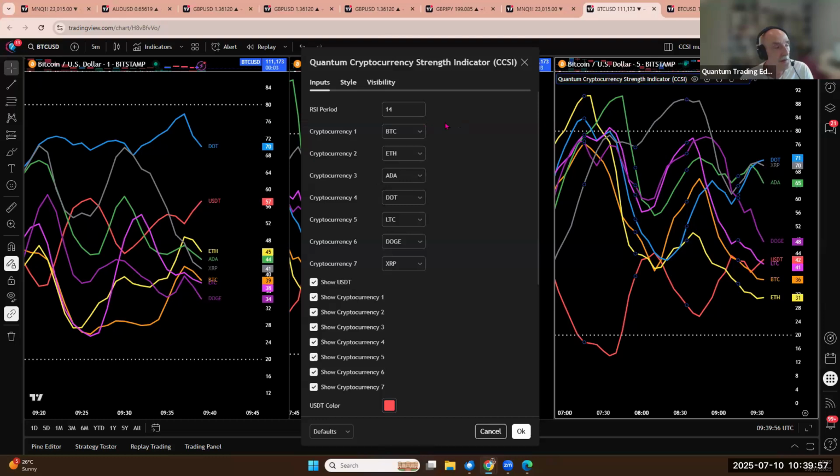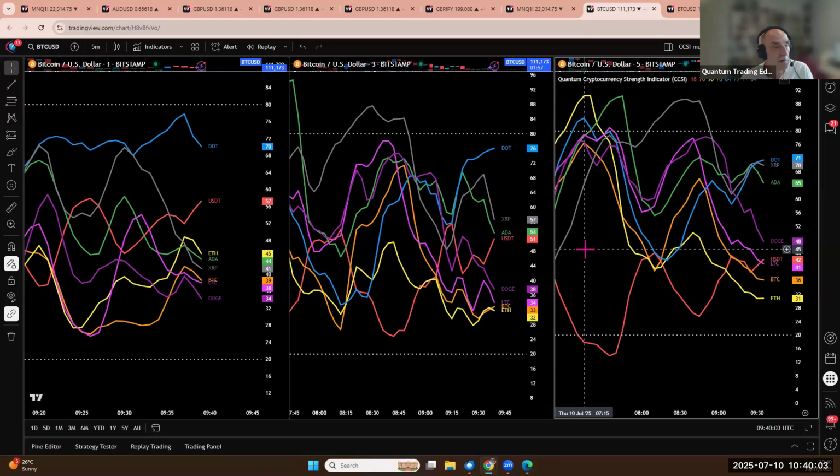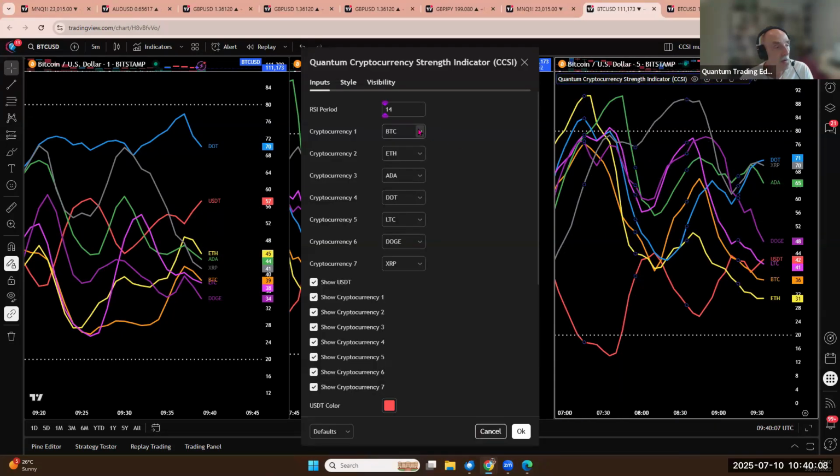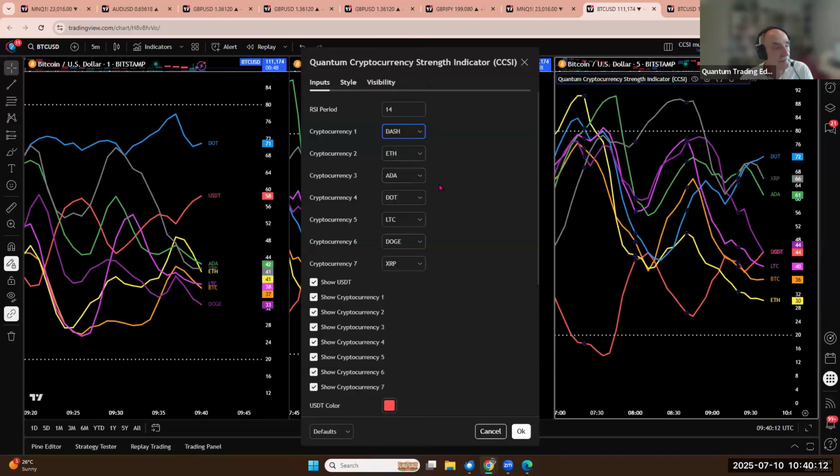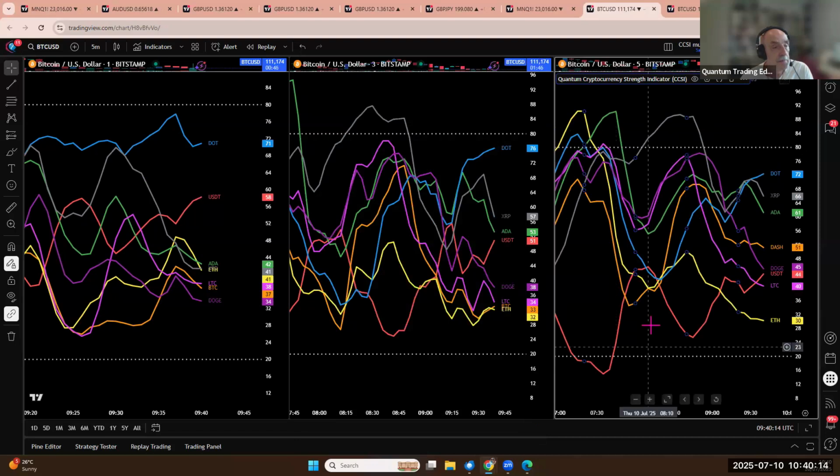So you're not limited. There is absolutely no restriction on which cryptocurrency you choose to have on your indicator. You just go into settings up here, you click on the drop down, and if you wanted to change it, you change it to one of these, you put dash on, and you click OK, and then dash will appear on your time frame.